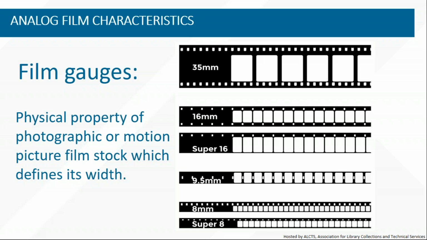With respect to 35mm, this was an industry standard for theatrical motion pictures, so it's less likely that you'll find these in your collection. But I should mention also 9.5mm, which is an amateur format that you see in Europe.